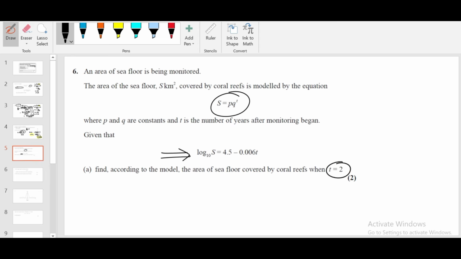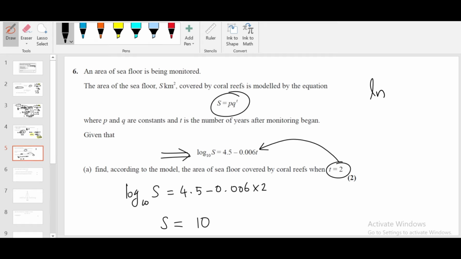Just sub in T is 2, and here make S the subject. So log S to the base 10 is 4.5 minus 0.006 times 2. It's not a natural logarithm, it's just a logarithm. So if you remove the logarithm, it becomes 10 power something. You need to remember this. Let's say ln x is equal to a.